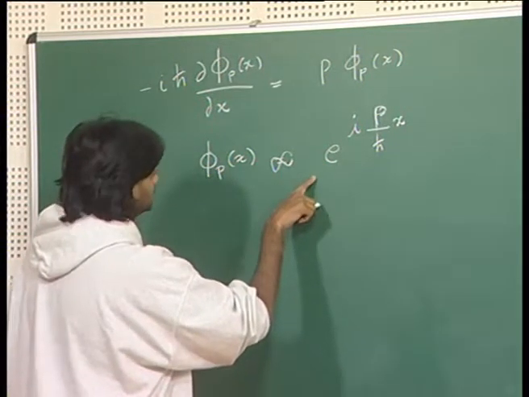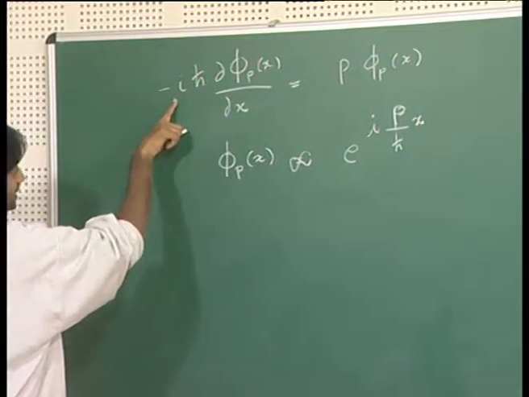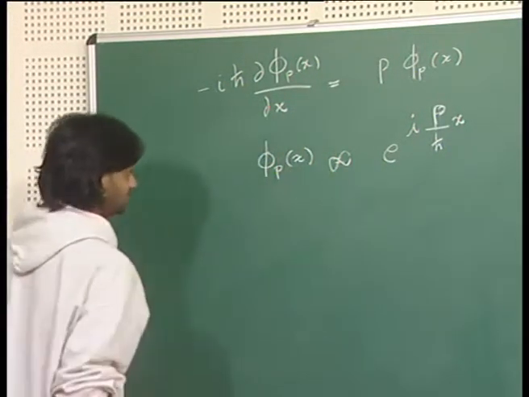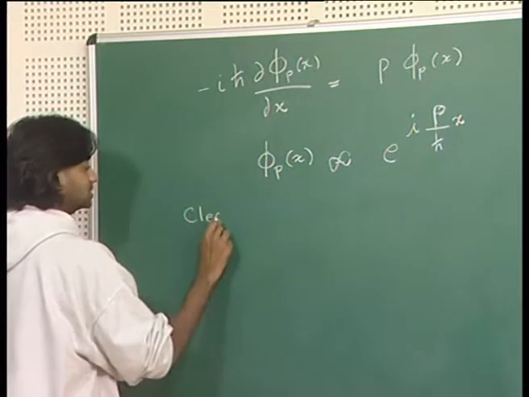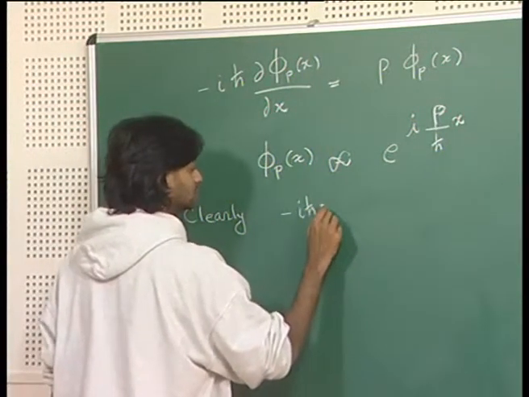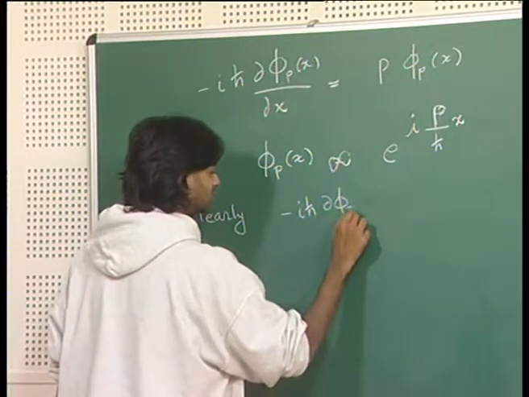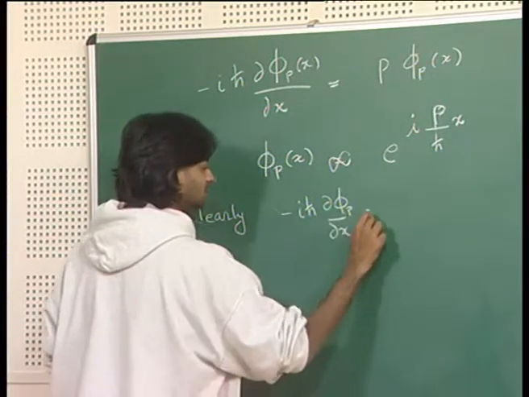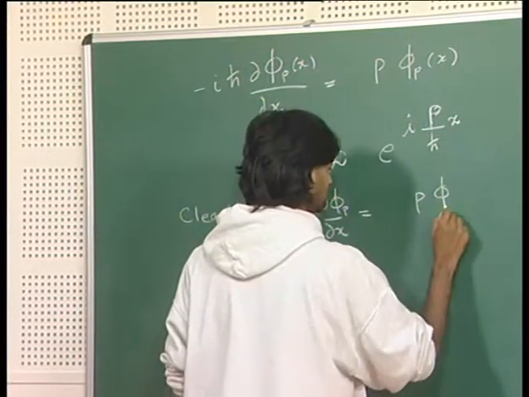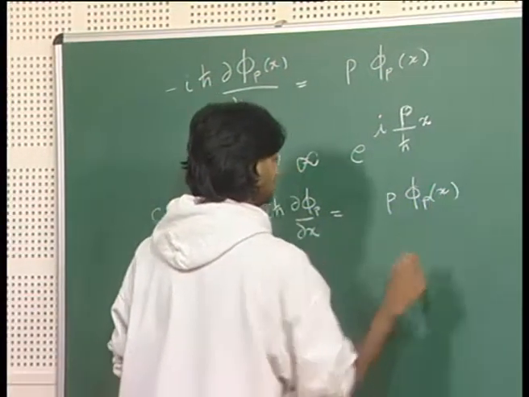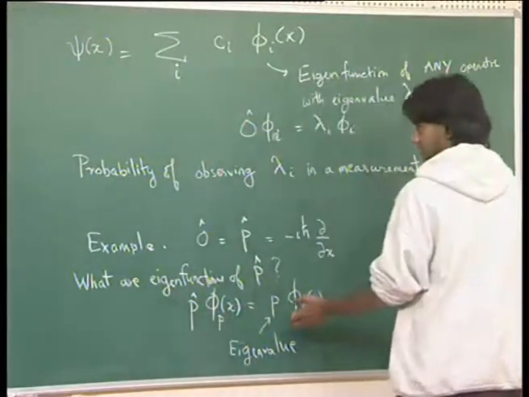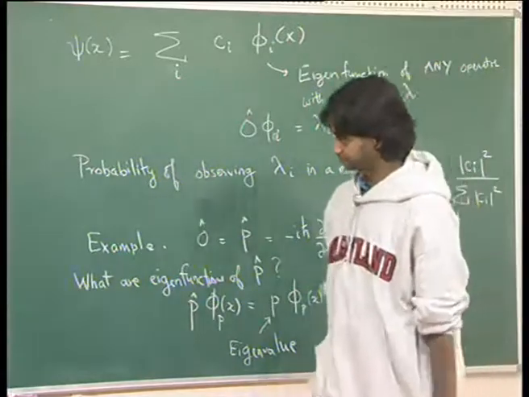And if you multiply it by minus i, you will get 1, and h cross you will just get p. So, clearly, minus i h cross d phi p by dx is equal to p phi p of x. Therefore, p operated on phi p of x is just p times phi p of x.